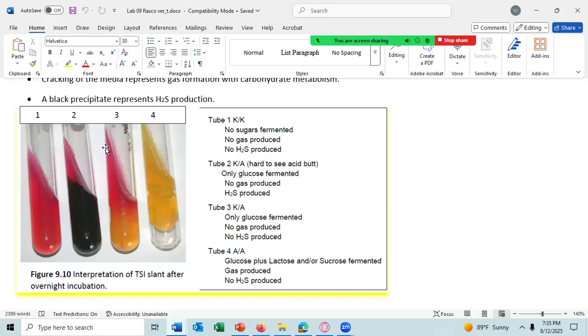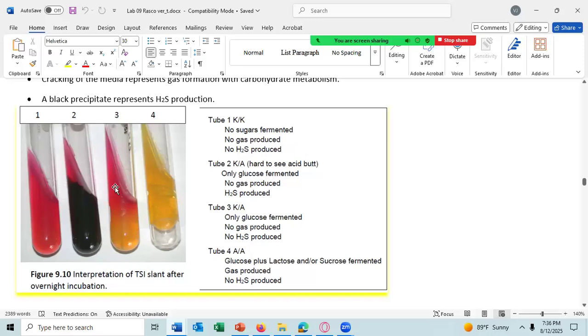When we look at it here, where the slant is pinkish or reddish and the butt is yellow, the butt is yellow because the glucose is being fermented, but the butt is growing slower than the slant, and so the bacteria still have some glucose to ferment in the butt, and that's why the butt is yellow.